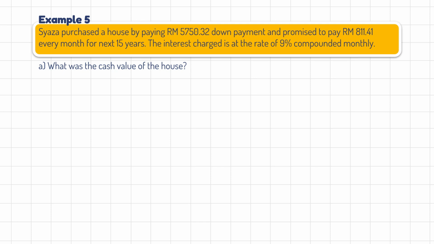Now, I will continue for the last example, which is example 5 in this lecture. Here we have Shaza purchased a house by paying 5,750 and 32 cents as down payment and promised to pay 811 and 41 cents every month for the next 15 years. The interest charge is at the rate of 9% compounded monthly.